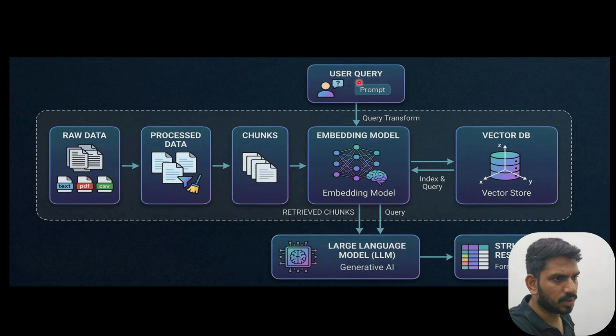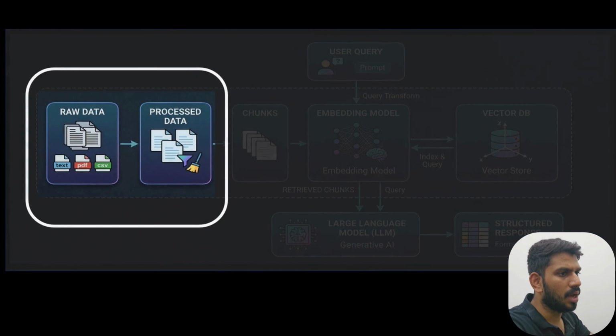When a user asks a question, that query is also vectorized, and the database retrieves the most relevant chunks using similarity search. Finally, the retrieved context and the user query are passed to LLM, which generates the final response. For now, we'll focus only on the document processing stage, specifically how we handle PDF documents.